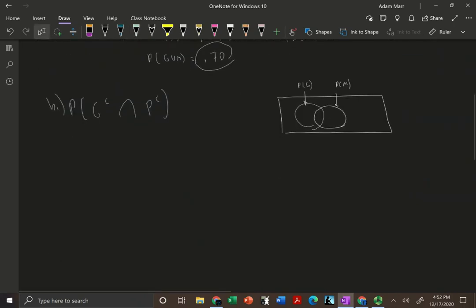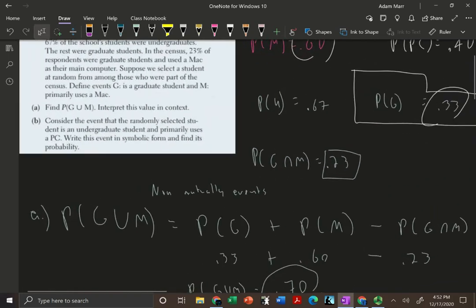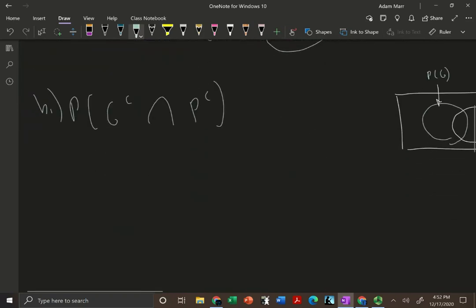Part B. Let's see. Consider the event that the randomly selected student is an undergraduate student and primarily uses a PC. Write this event in symbolic form and find its probability. So an undergraduate and they primarily use a PC. How can we get that?